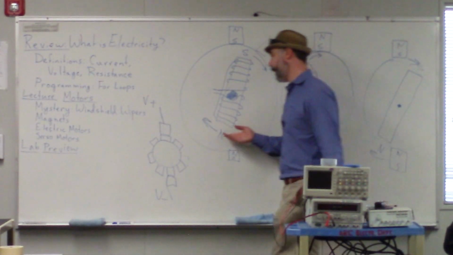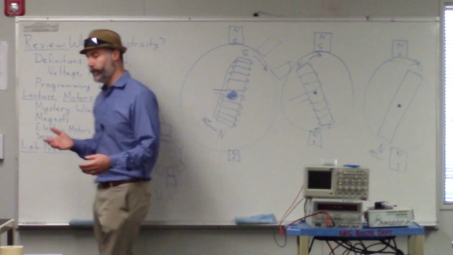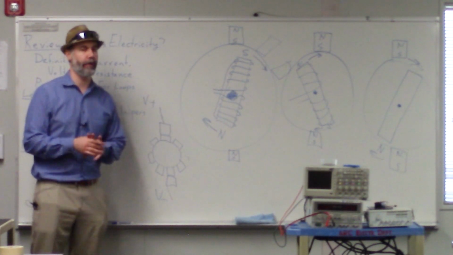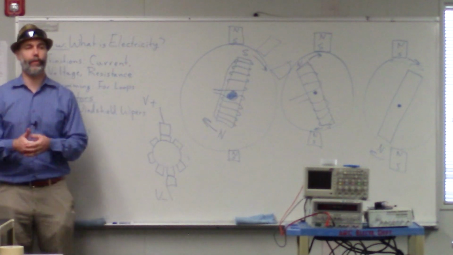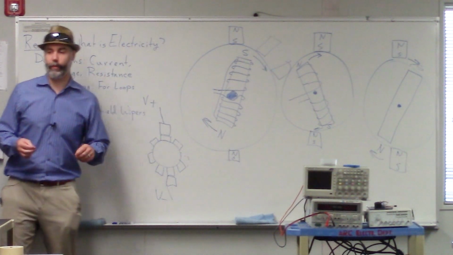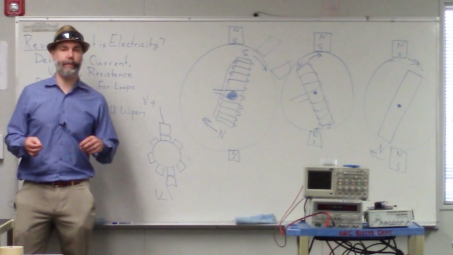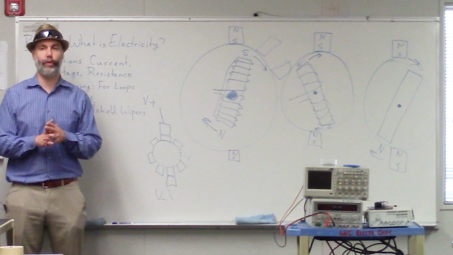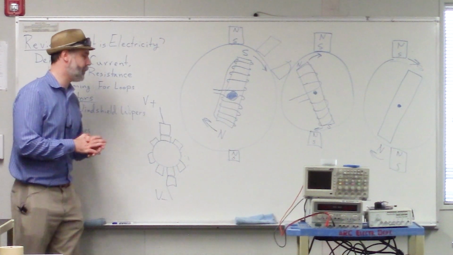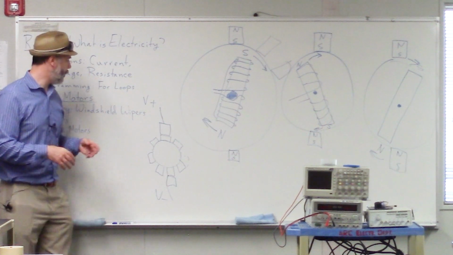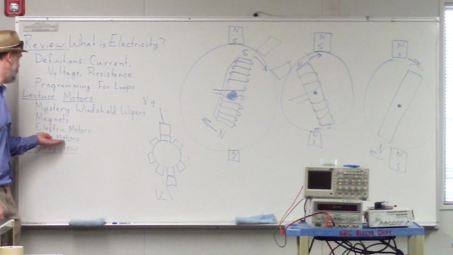Now if we supply a constant electrical voltage to this motor, it's just going to keep turning and turning in the same direction, which is great for making a car drive forward. But if we're working with robots or windshield wipers, we might want more precise control over the motor than just making it turn in the same direction all the time. So in order to do that, we can use something called a servo motor.